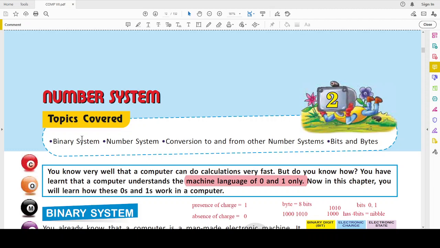We say that our school is 10 kilometers away from our home. The shop is 2 kilometers away from our home. I bought 2 kilo of potato today, like this. So we represent each and every number in decimal number system in our day-to-day life.